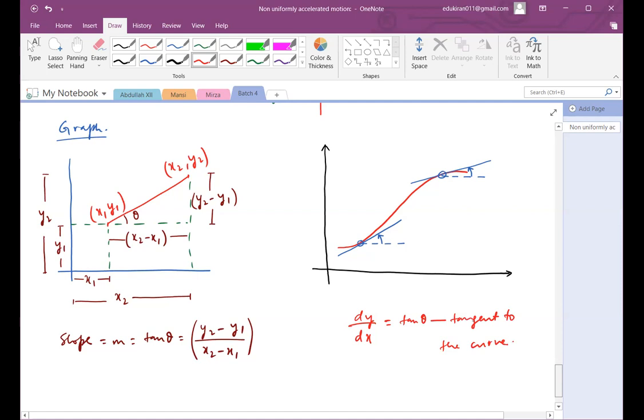So whenever you have to calculate the slope of any curve, just draw a tangent at that particular point and define the inclination of the tangent with respect to the x-axis.